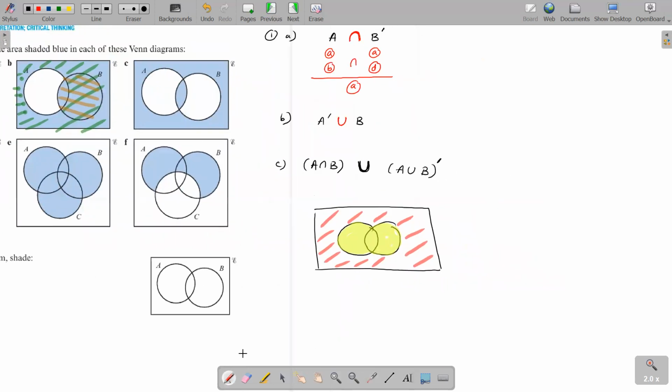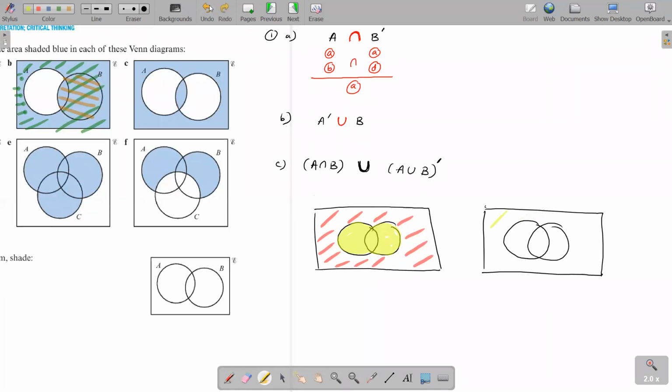The other way of doing this, just to show you, is another way of getting the outside section. Let me mark regions.